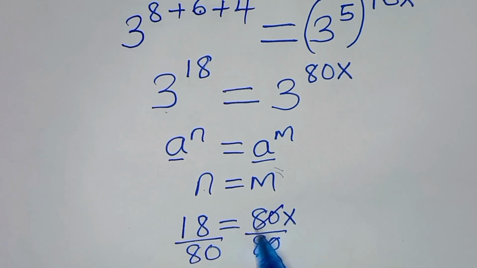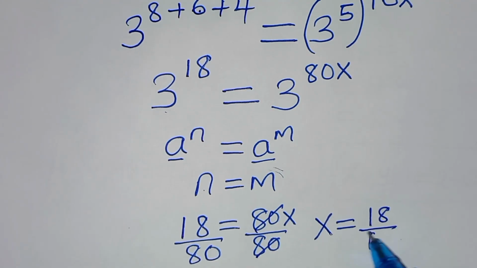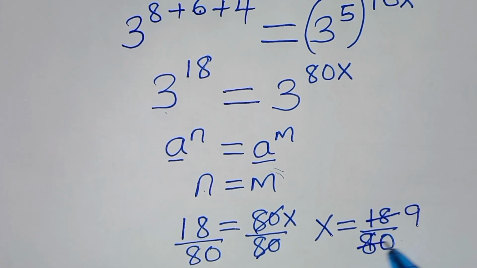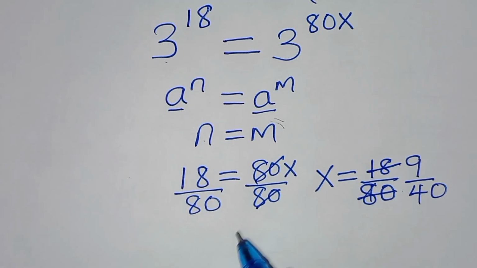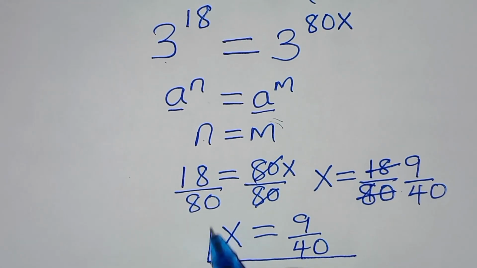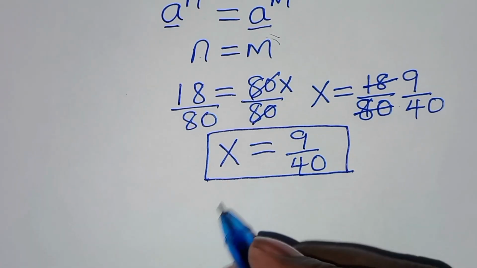So if you simplify here, this implies that x is equal to 18 over 80, which you can simplify. 18 divided by 2, this is 9. 80 divided by 2, this is 40. So we have x is equal to 9 over 40. So this is the value of x by applying method 1. So let's proceed to method 2.